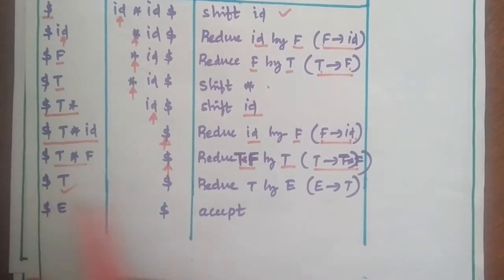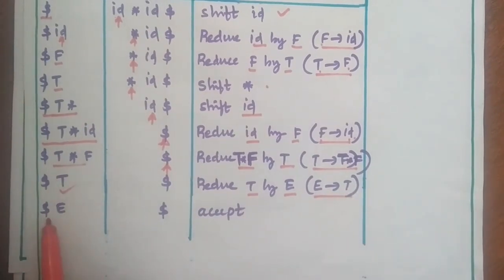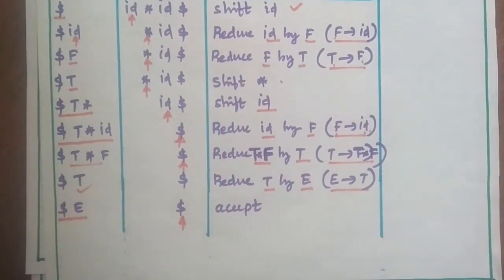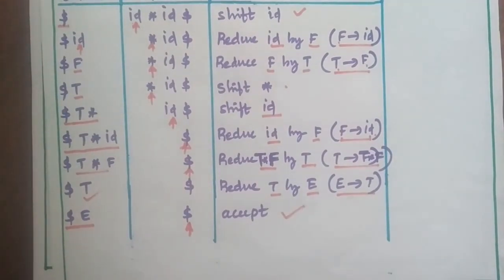Then again the stack top contains another handle, so this handle is replaced by the head of the production using this production rule, E gives T. Then again the stack top contains E, and E is the start symbol, so the status is $E, and the input pointer points to dollar. Then this is a termination situation, so the SR parser will terminate with accept.